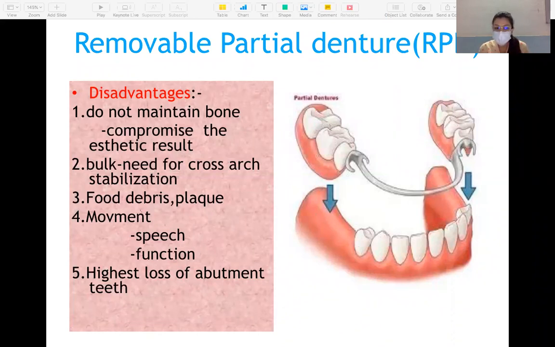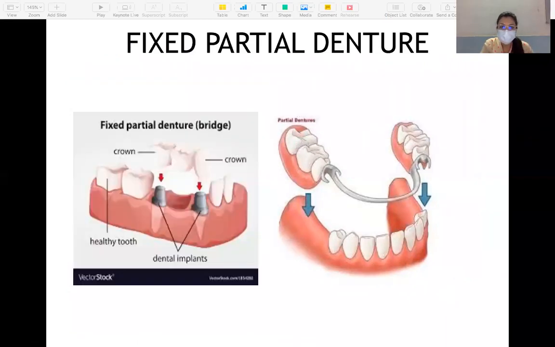So the prosthesis as a whole is bulky. Food debris and plaque accumulation will be there on the acrylic surface. The movement of the prosthesis can take place during speech and function. And there can be loss of abutment teeth on which the removable partial denture is getting its support from, right? So these are some of the disadvantages of a removable partial denture.